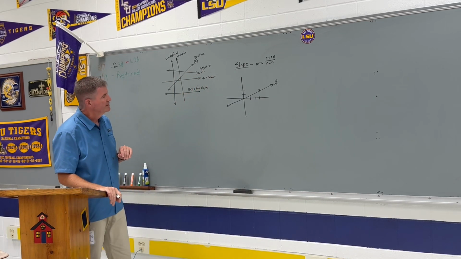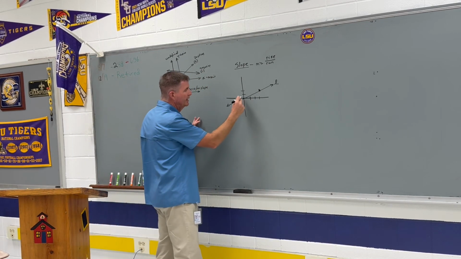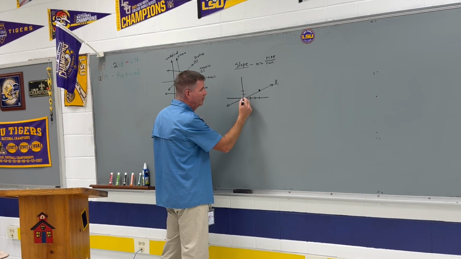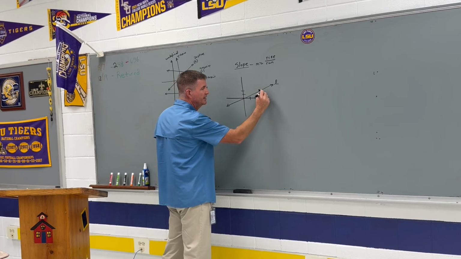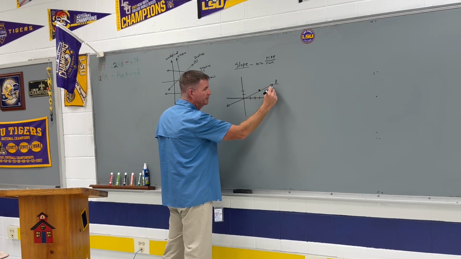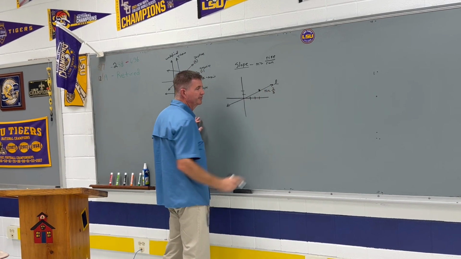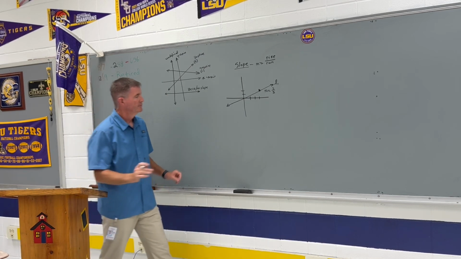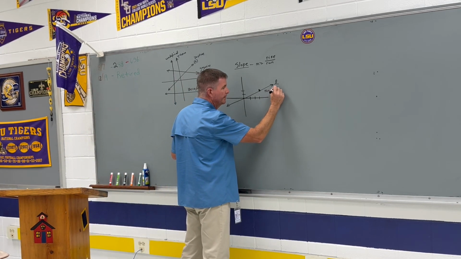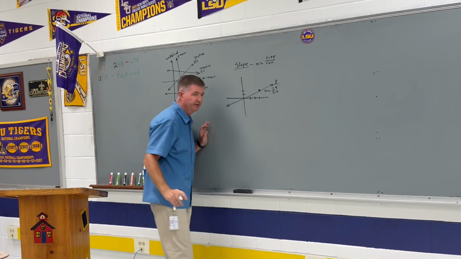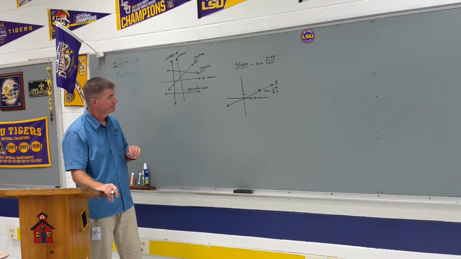If I'm trying to find the slope of that line, I would look at how high it goes up, or its rise, and it goes up 2 units for every 1, 2, 3 that it goes across. So our slope would be rise over run, or 2 over 3. 2 up for 3 across. We always go from left to right.